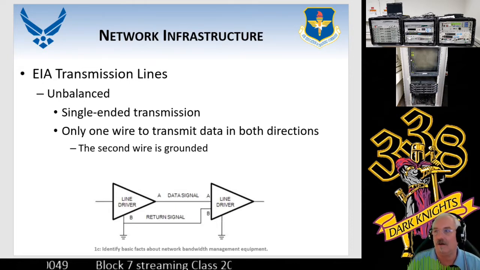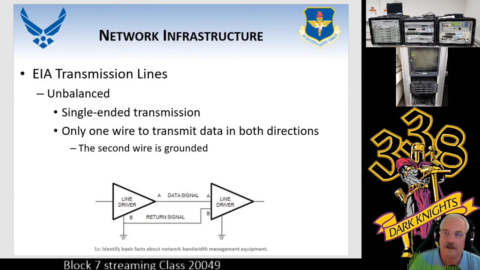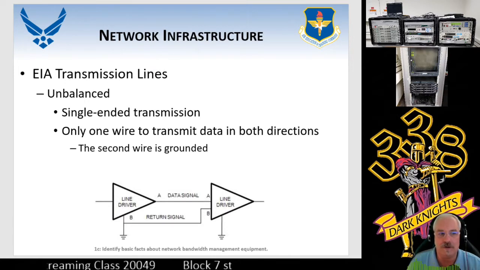Bravo is what they call a return signal, but it is grounded. What does that mean? It means all your data back and forth travels on the center conductor. The outside is a noise suppression unit, or the shield is grounded. All the noise that you get on the line is going to ground.